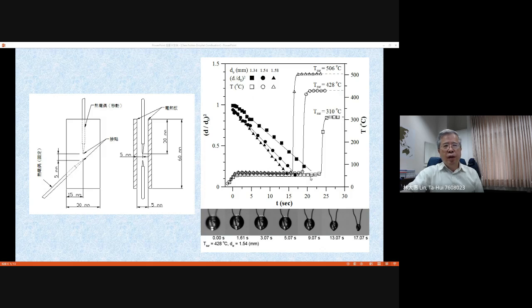For the square symbol, the environment at 310 has a lower temperature, which means the heat supply is not efficient compared with the other two cases, 400 and 500. That means they do not have enough heat transfer for the preheating. Therefore, the preheating period will extend longer.